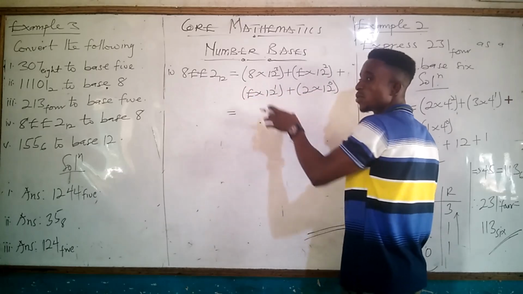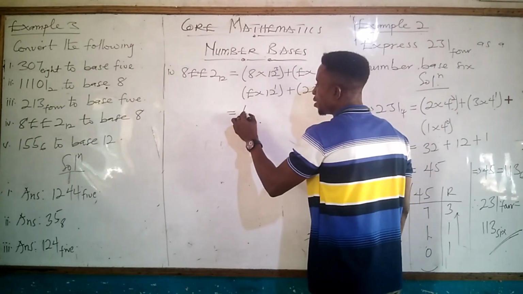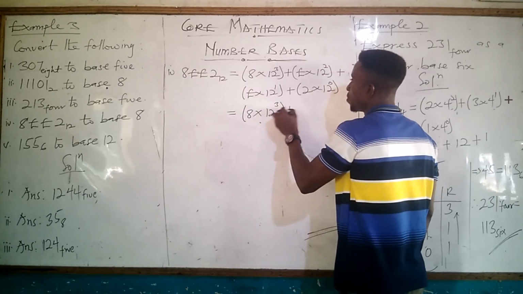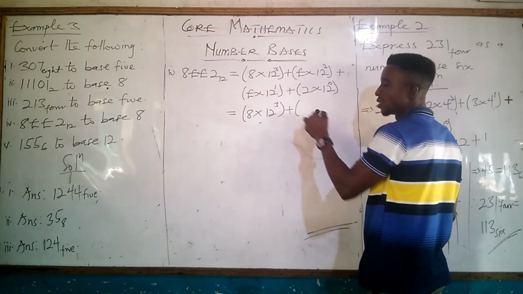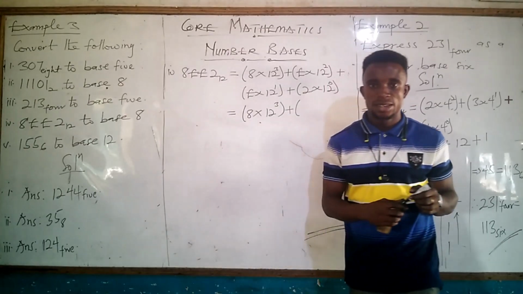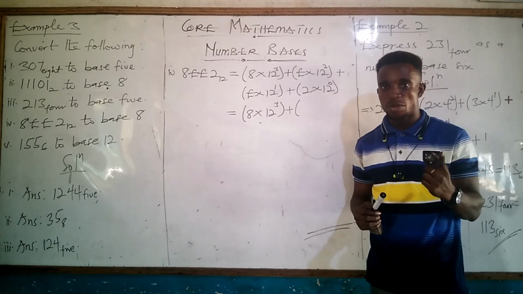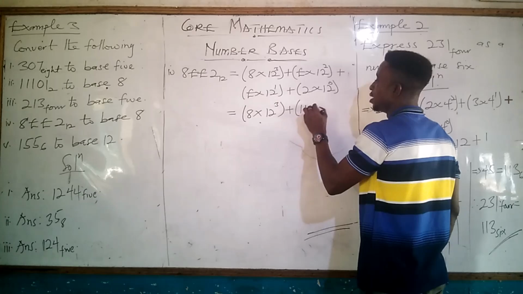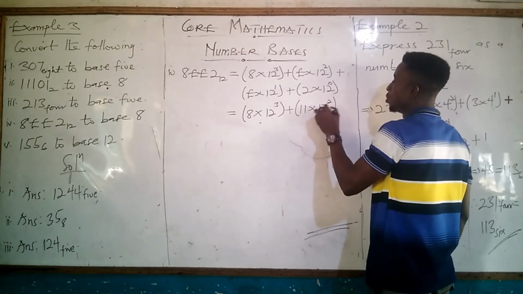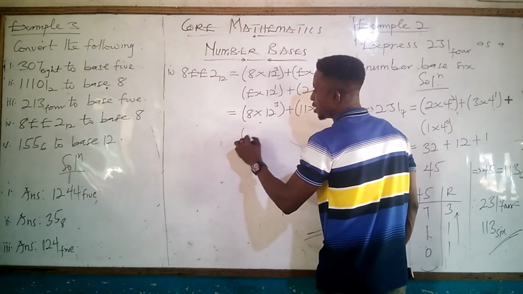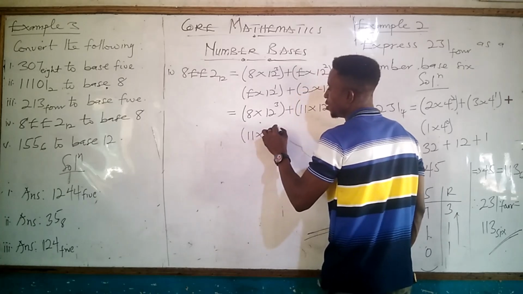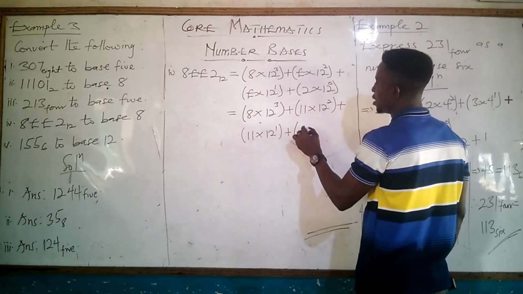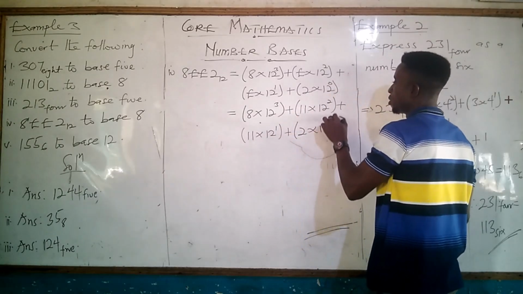So first of all, we have to go one step further. So I will have 8 times 12 exponent 3, then plus this E means what? I think you know that, right? E corresponds to what? That is 11. Good. 11 times 12 exponent 2 plus the same 11 times 12 exponent 1 plus, then lastly 2 times 12 exponent 0.